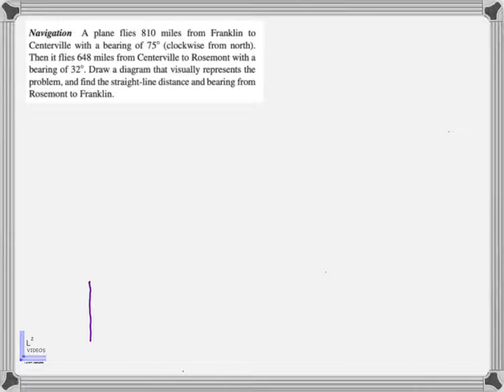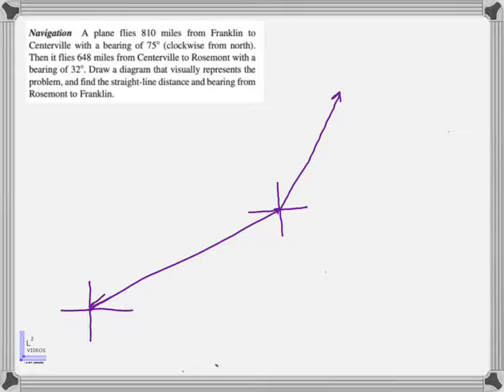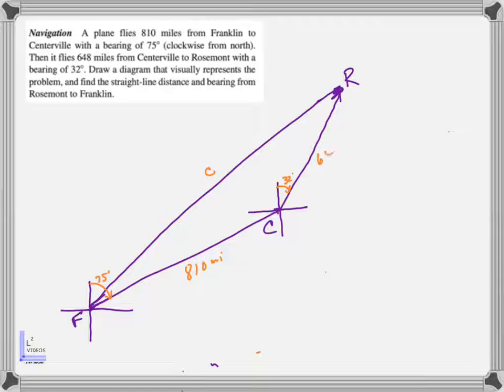Okay, so let's look and see what we do. First, we're going to draw a sketch. Just filling in all the information that's given. A couple things I want to point out.